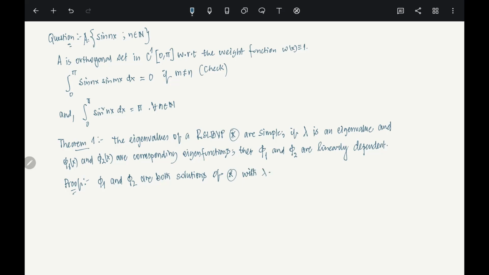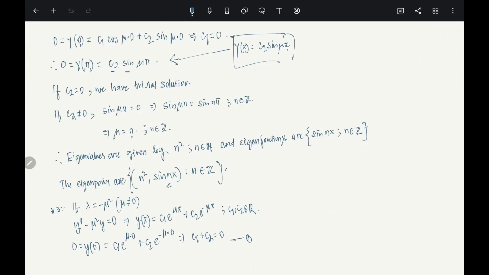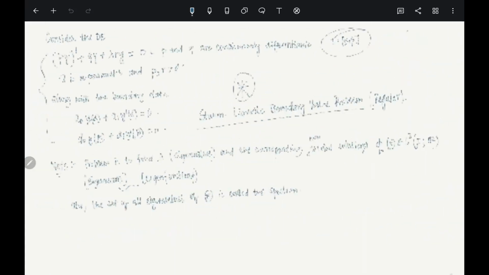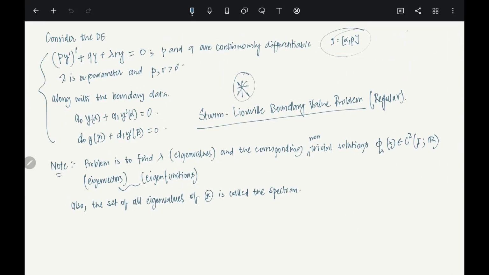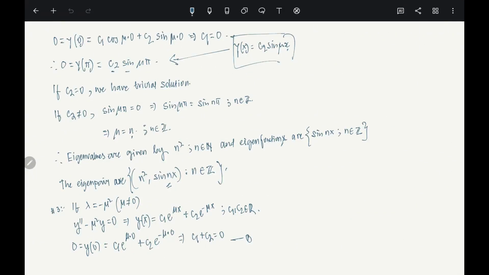So this equation, if you write it with lambda, where is the equation? I wrote it somewhere, no? Star. If lambda is an eigenvalue, then phi1 and phi2 both satisfy this equation, and with this boundary data. So let me write it down, that will make life much easier.